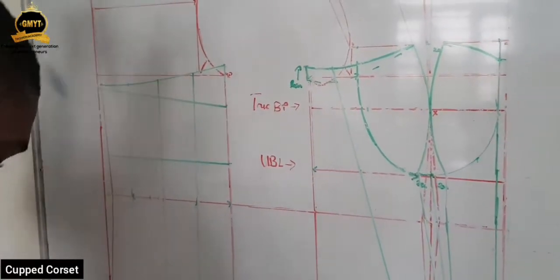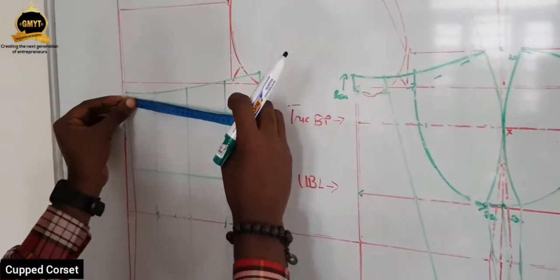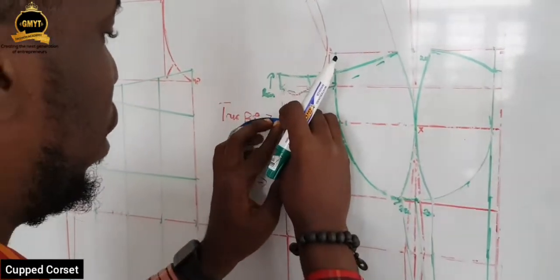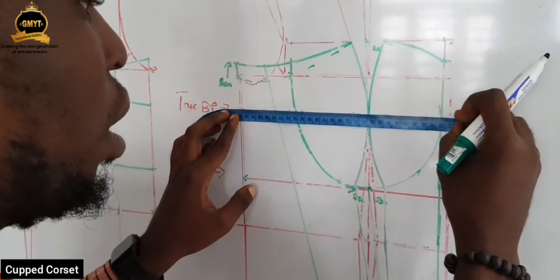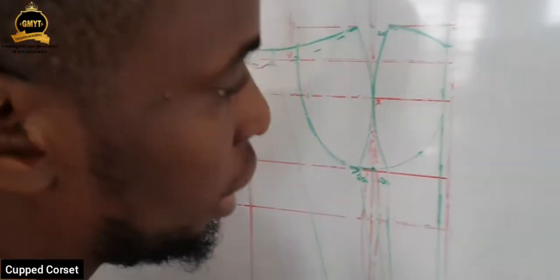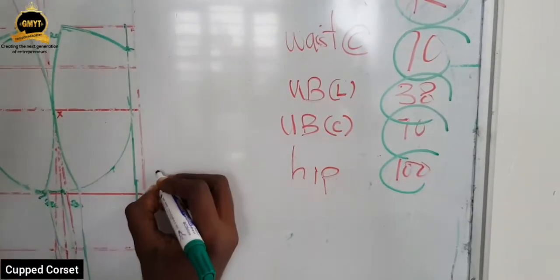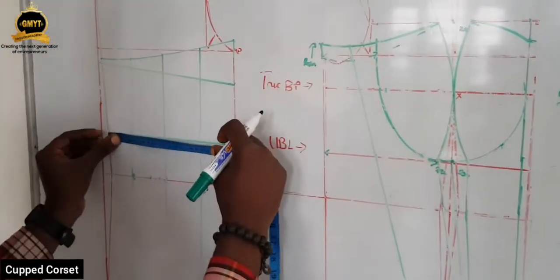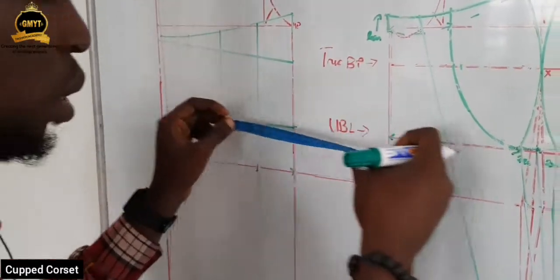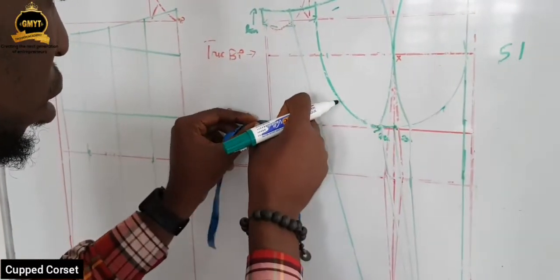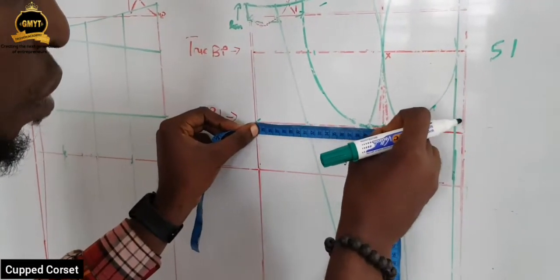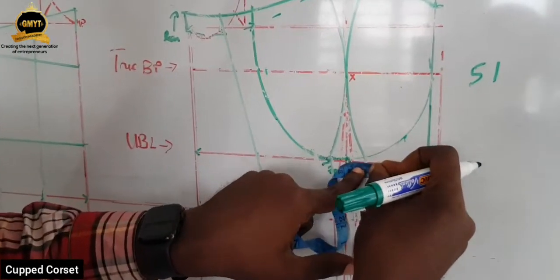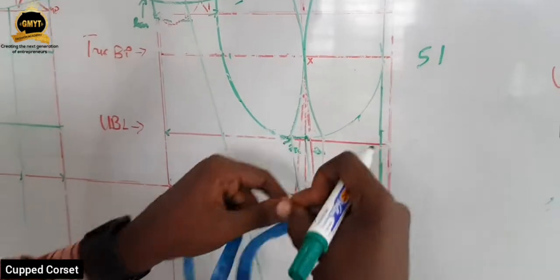So, on the pattern for the bust part, 25. So I have like 51. On the waistline, I have 24. 40. You have to skip this dot. It's very, very important. Skip this center dot. I have like 47.